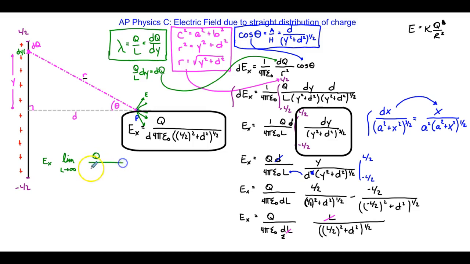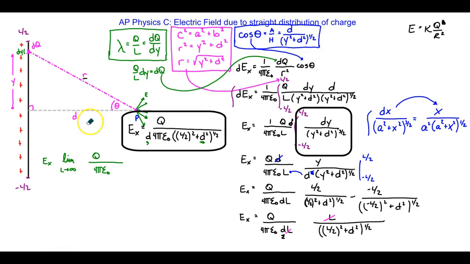I get q over d, I won't forget that this time, over 4 pi epsilon naught. And by the way, even though I didn't forget the d, we said that the d doesn't matter. This d and this d don't matter because L is changing, it's approaching infinity, and d isn't. So I'm going to get rid of that I just put in.